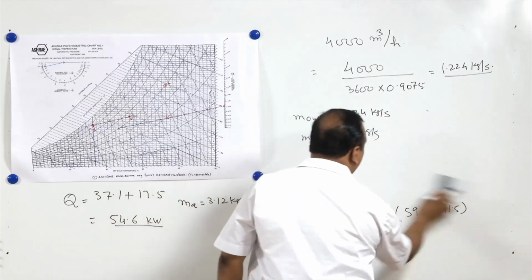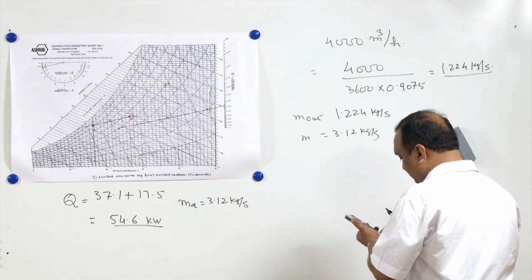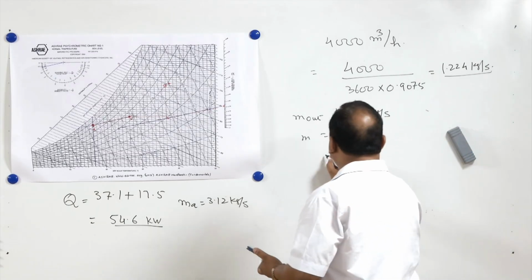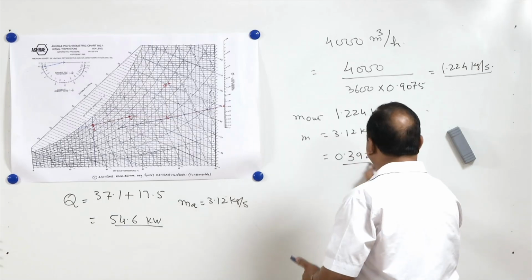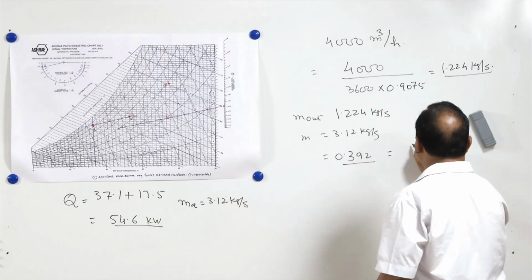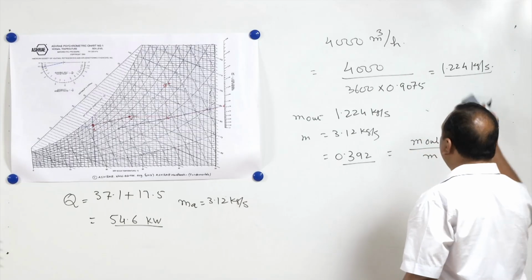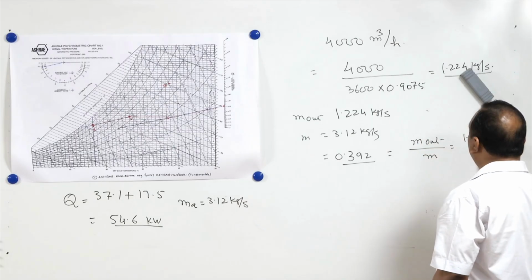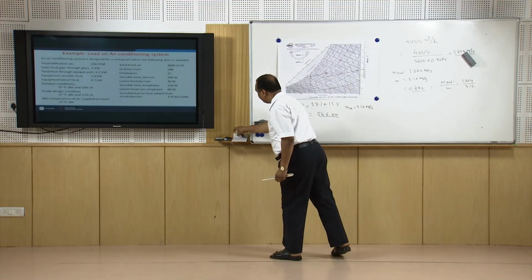So the part of outside air which has to be circulated in the room is approximately 0.392, that is the ratio of m out divided by m, or 1.224 divided by 3.12.